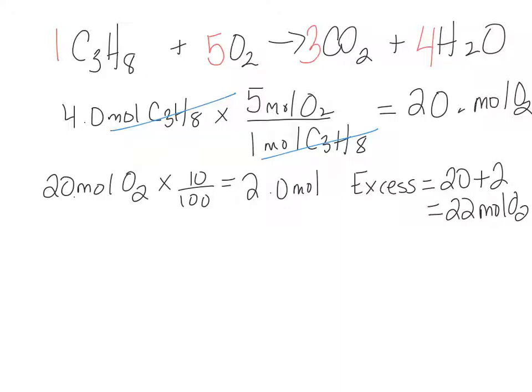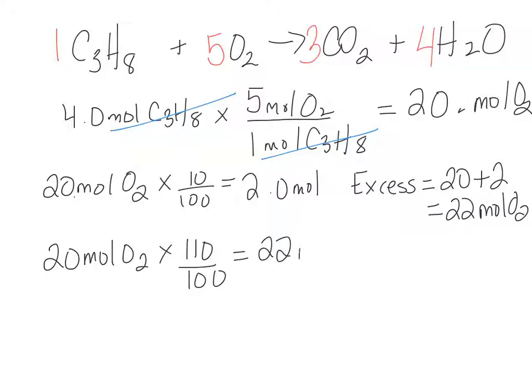Or I need 110%. So I take my 20 moles and I times it by 110%, and I don't have to add anything because it's built in.